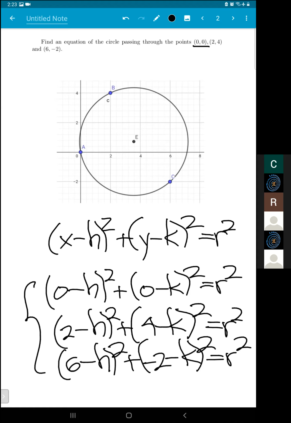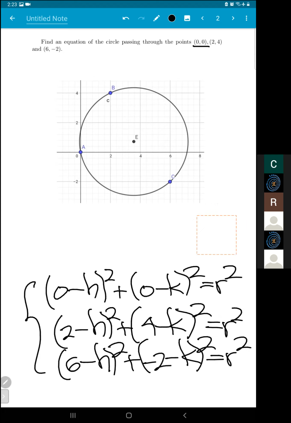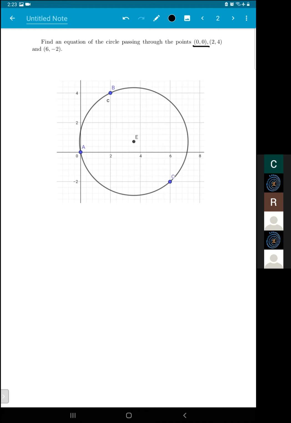Any other idea other than setting up a system of equations to solve the problem? What did we learn about circles? So far, we only learned that tangents to circles are perpendicular to the radius from the center to the point of tangency.